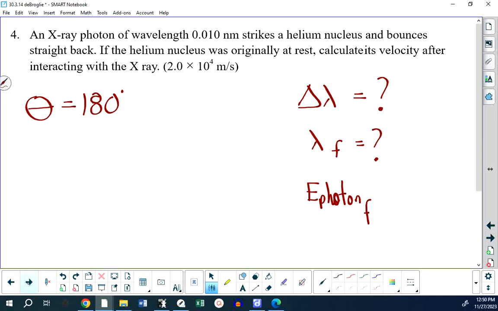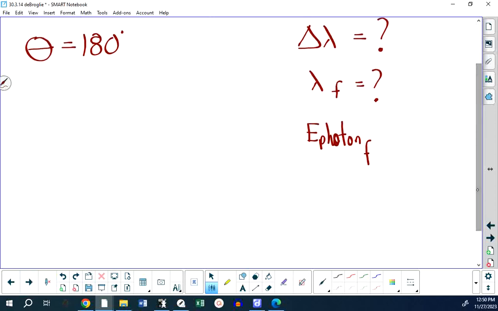I could ask you to calculate the kinetic energy of the electron. I'm not going to put a subscript of electron because kinetic means it has mass. I could ask you to find this. But the only way in this kind of question you can find the energy of the electron is to find the change in energy of the photon. Right?